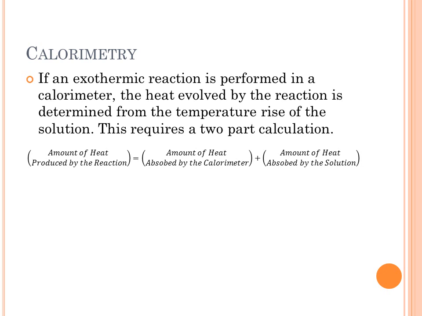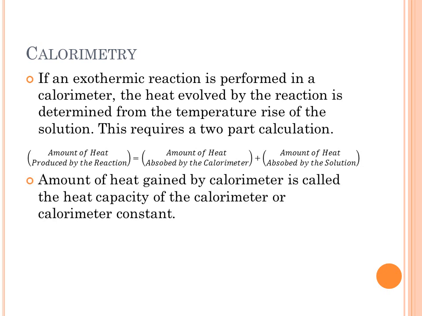So you're going to figure out how much heat was lost into the environment, plus the amount of heat absorbed by the solution, which we can directly measure, and that will give us the heat from the reaction. Depending on how effective your calorimeter is at not allowing heat to escape, that term may be more or less significant.